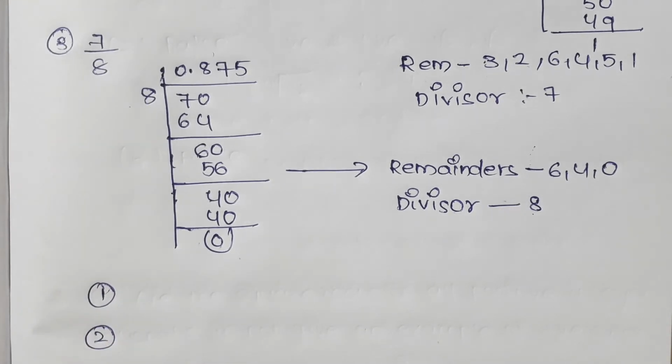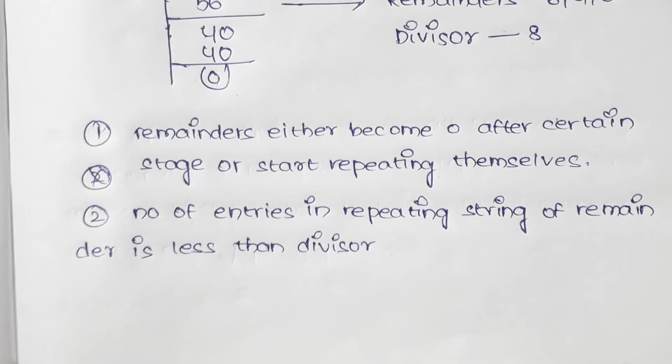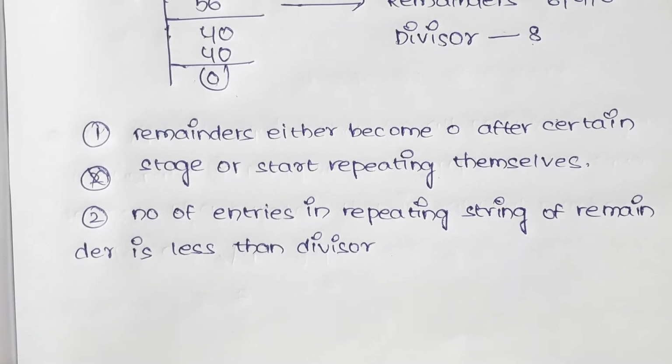And the third point is that if remainders repeat, then we will get a repeating block of digits in the quotient. Now let us see that. As I said, the first point is that the remainders either will become 0 after certain stages or start repeating themselves.